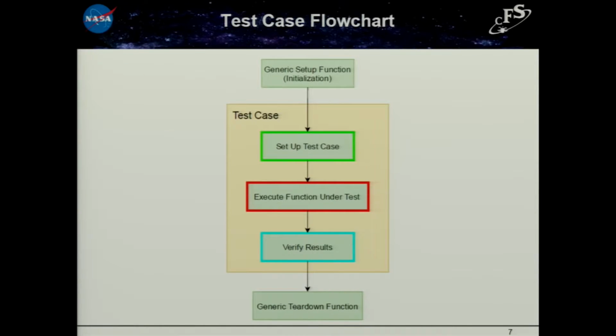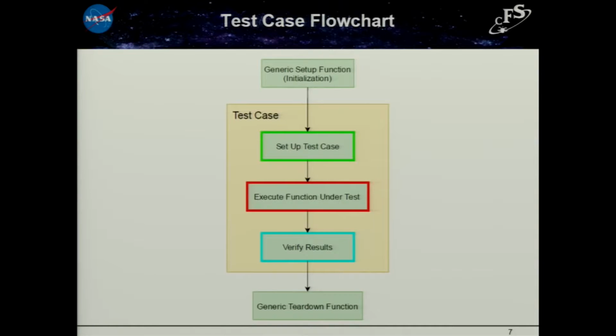Then you call the function that you're going to test, the actual function, not any sort of stub, but the function that you're testing. You call it. And then you verify the results using the assert statements that we talked about. So you'll write a bunch of UT assert statements verifying things that would be modified by the function.